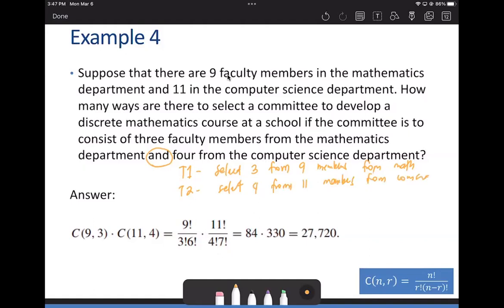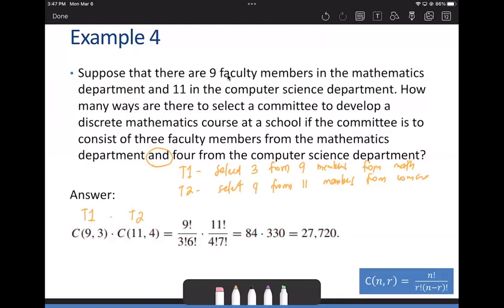Okay, since we have two tasks and they cannot be done simultaneously, we will select T1 and then T2. So from this alone, we can derive that we are going to use the product rule, wherein we have T1 times T2, right?